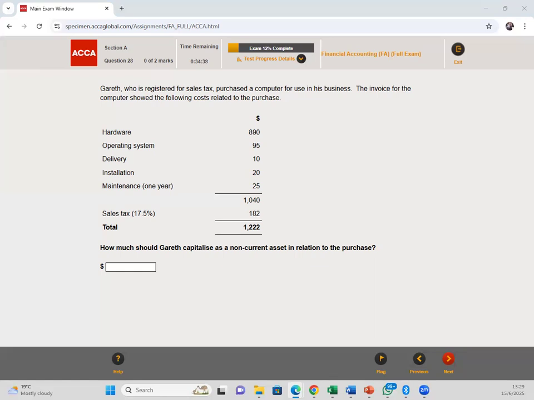Generally, sales tax, you're not supposed to be accounting for it. If you're a registered taxpayer, you recover the input tax, so you're not going to suffer the tax. So it means you are going to record 1040 less 25. How much is that?